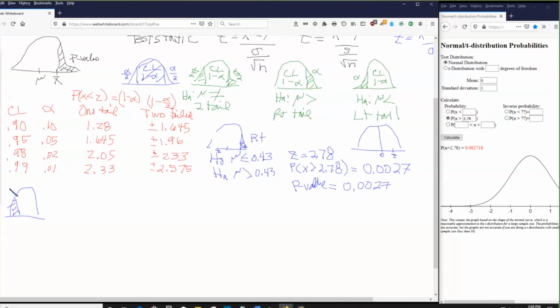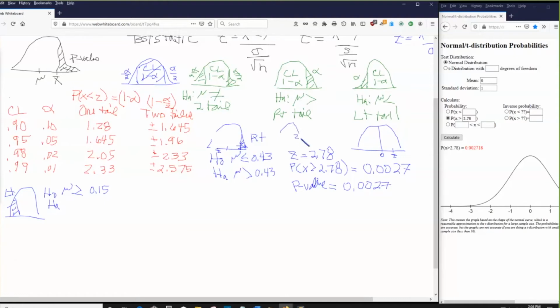Okay, so then if I want a left-tailed test, let's say that I'm given a null hypothesis where the mean is greater than or equal to 0.15. The alternative, so this would be here. So this would be like our z. Let's write this a little better.